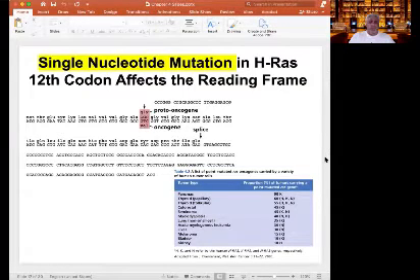Once Ras was discovered, the human Ras gene, the question then became, how did the normal gene, the proto-onco Ras gene, differ from the oncogene Ras?